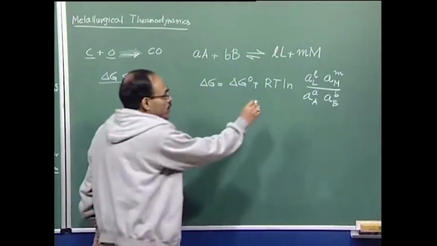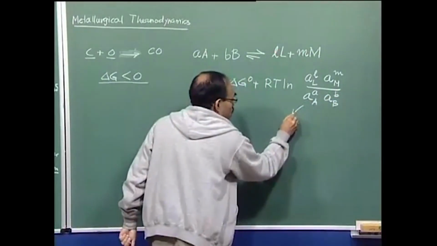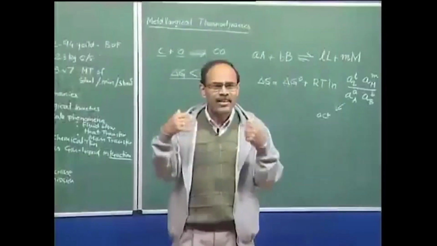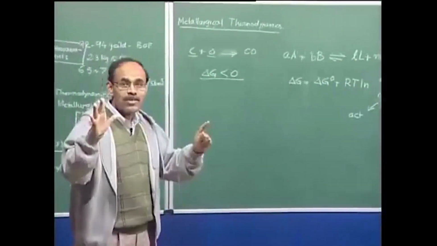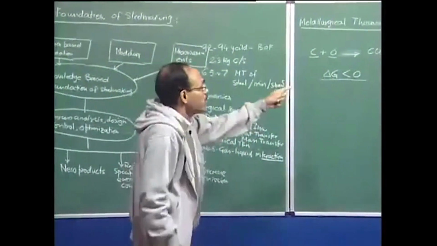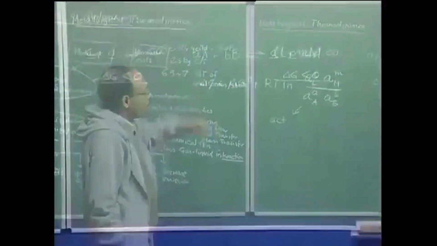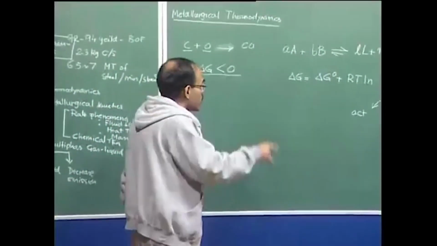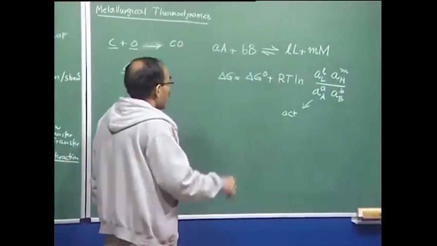Now, this quantity, as we have known, I am not trying to introduce all these concepts in great detail, because I am expecting that you know the subject, you have been exposed to thermodynamics. We are just revising it very quickly, so that we find these concepts relevant later, and we can remember them often as we move on to different topics in steel making.